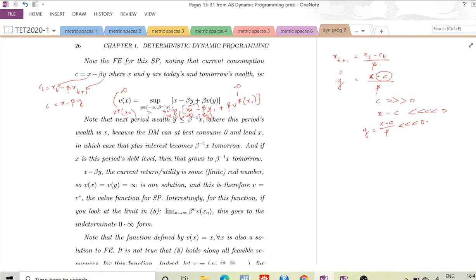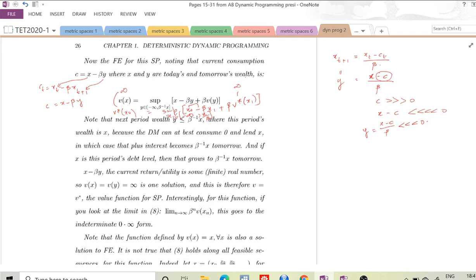Theorem 3 will go through for a particular function V that solves the functional equation or Bellman's equation, provided that along every feasible path x tilde, limit beta to the n V of xn goes to 0 as n tends to infinity, right?